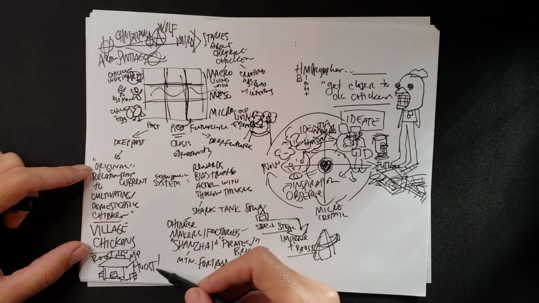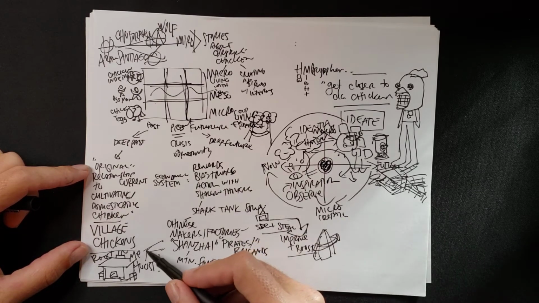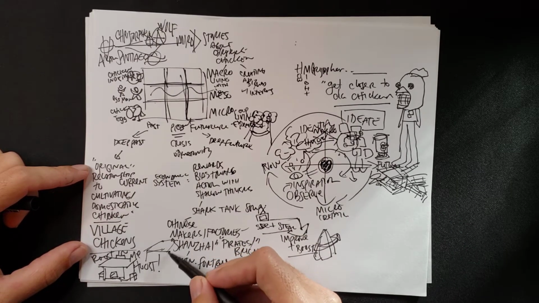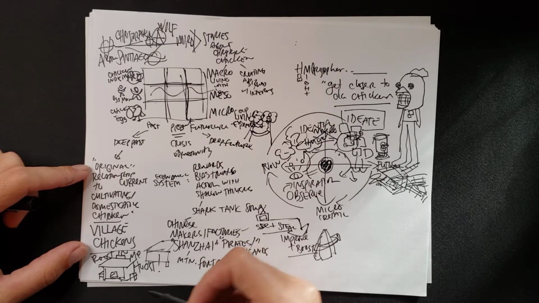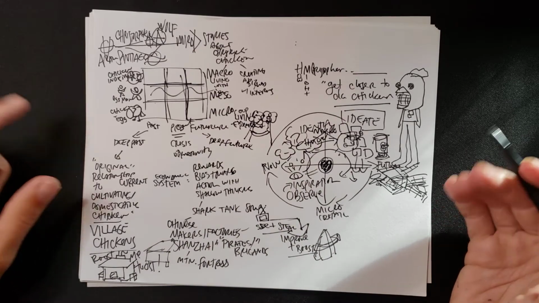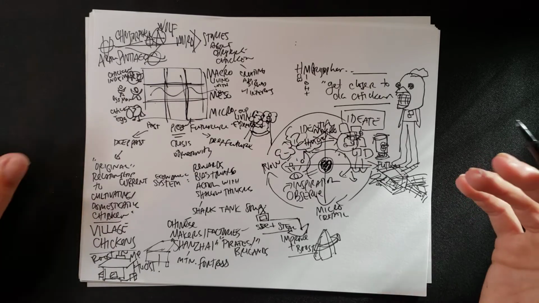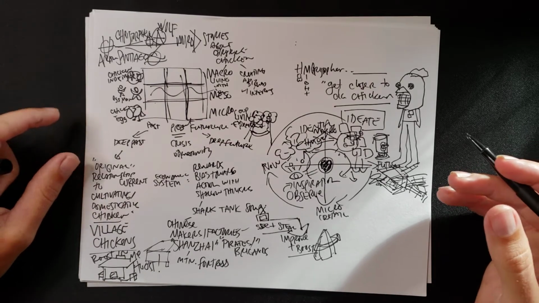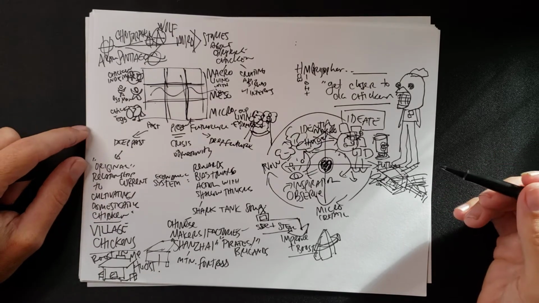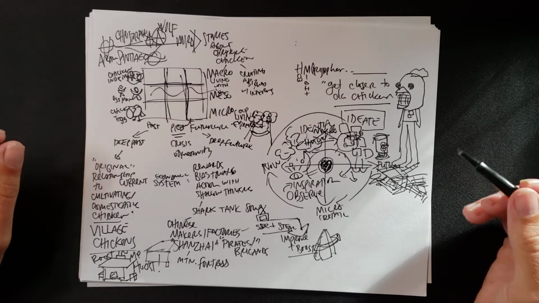I assume this is how people in more jungly, villagey situations maintain their chicken population, is that they just have them hanging out. If you go to Brazil, if you go to Ecuador, if you go to any of these countries where we're connected to our food more, very rural, jungly, more wild.